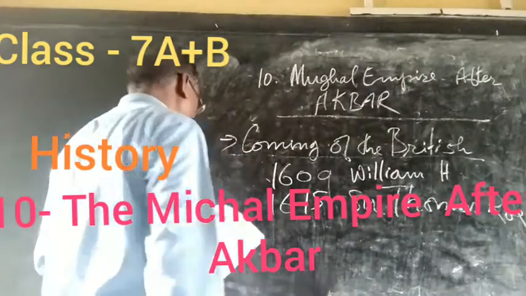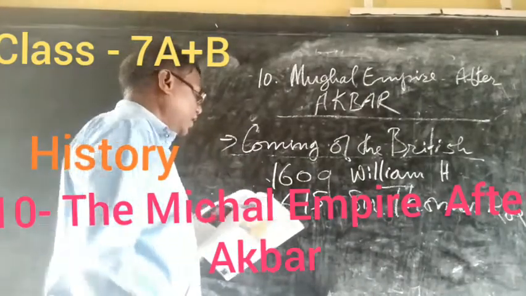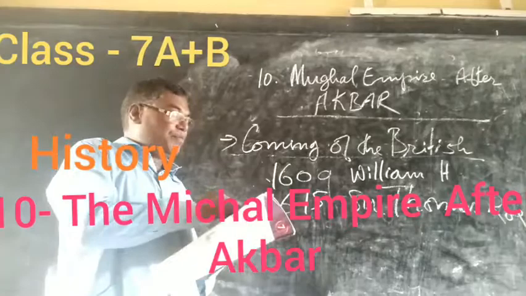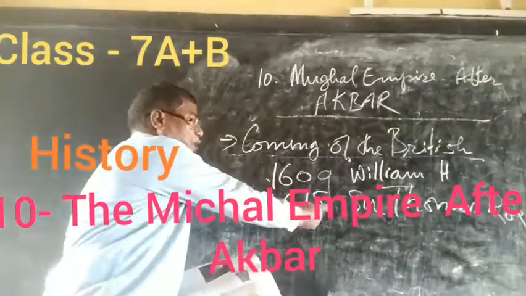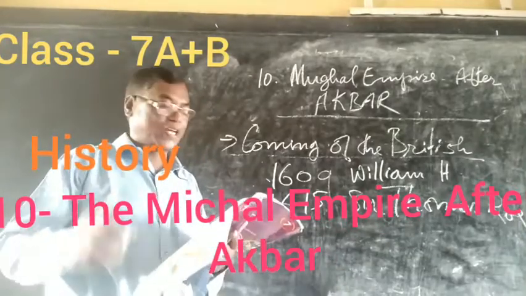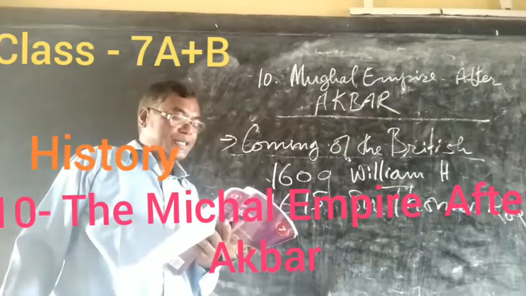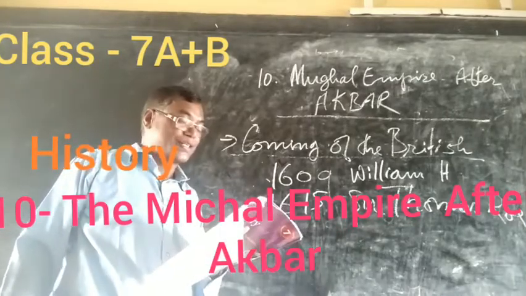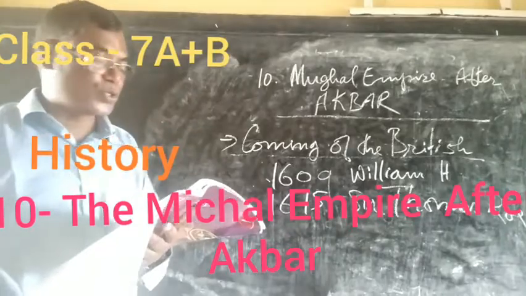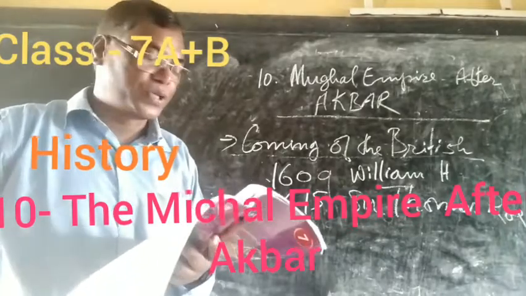Thomas Roe managed to get the permission to establish a factory in Surat. He succeeded in obtaining trade concessions for the British traders and also the setting up of the factory in Surat.